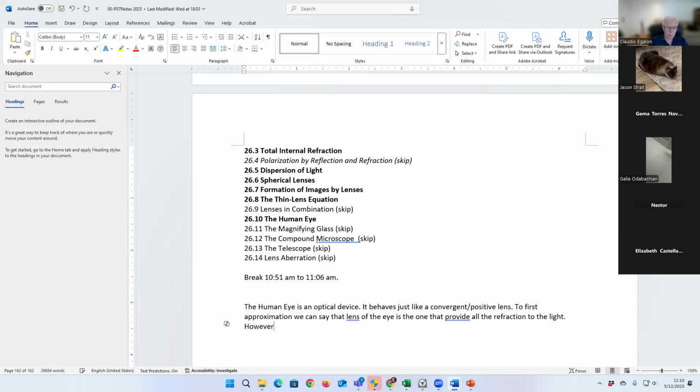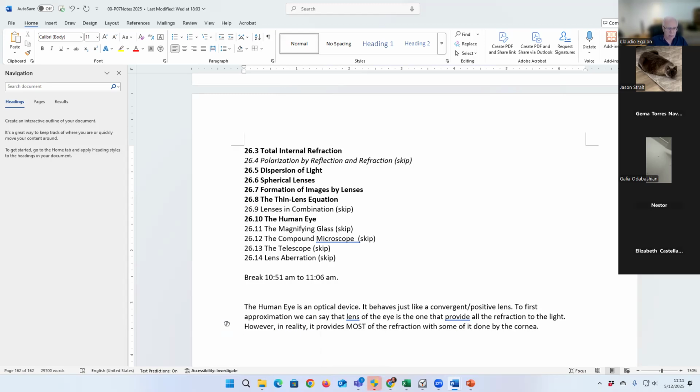However, in reality, it provides most of the refraction, with some of it done by the cornea.